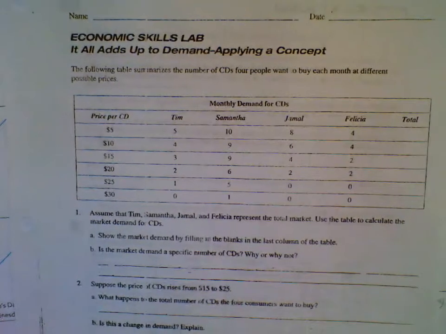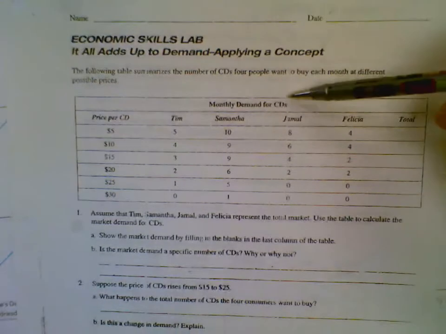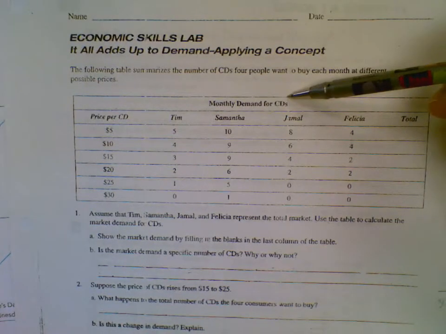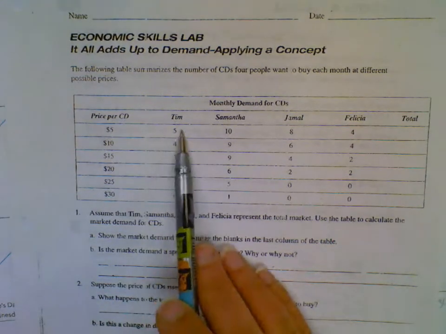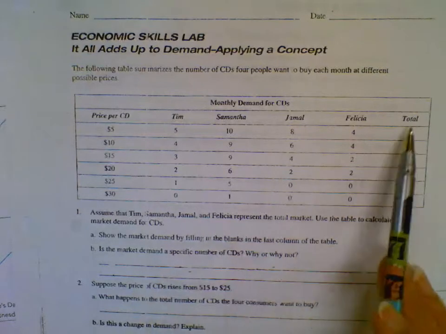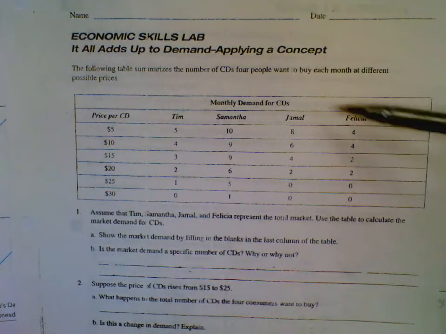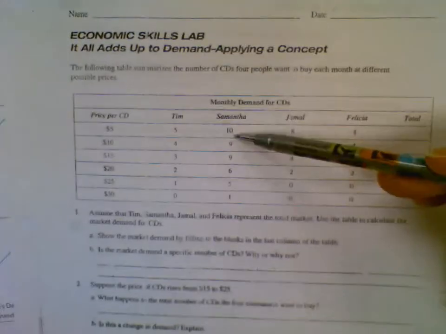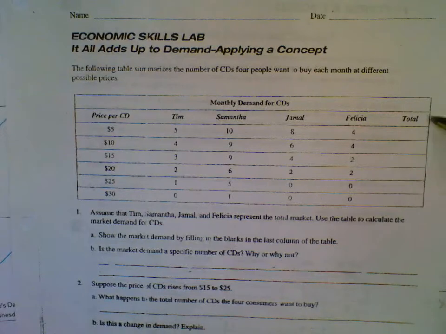What we're looking at here are 4 different people's demand for CDs. All you have to do is, at $5, add all of these up and get your total. What I want you to see is, even though everyone's individual demand for CDs is different, when you get the total, the same effect is going to apply.